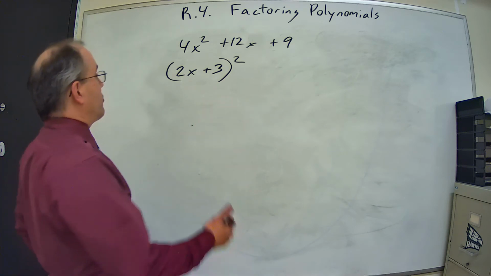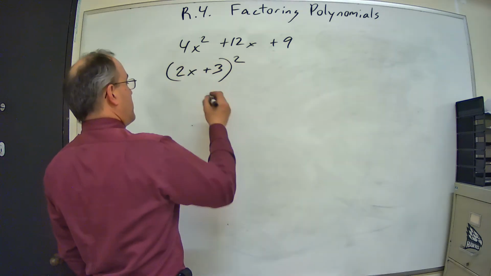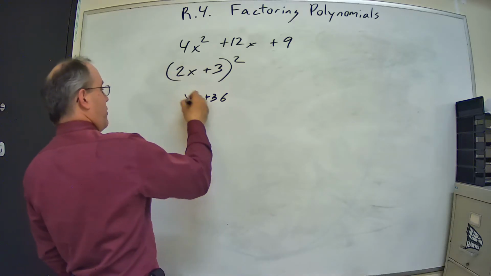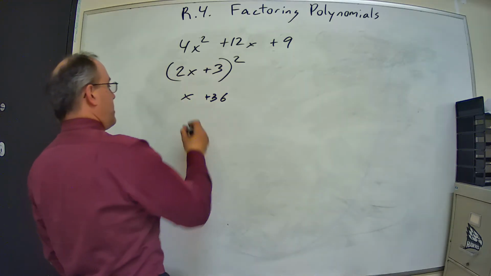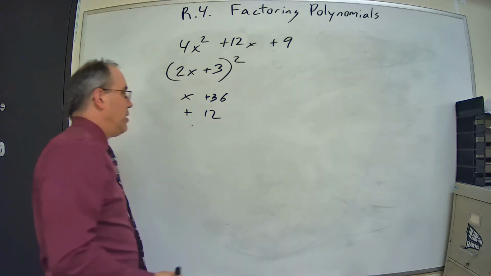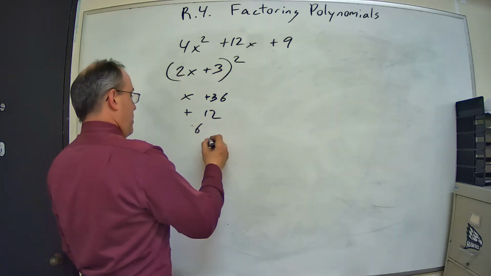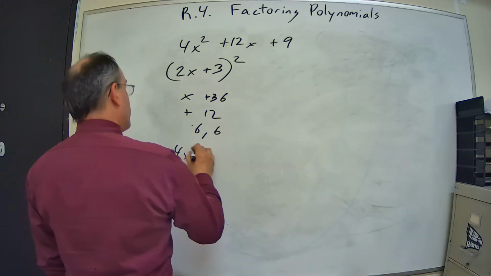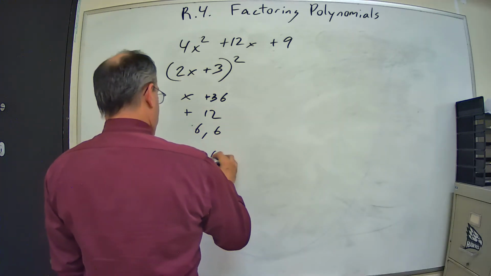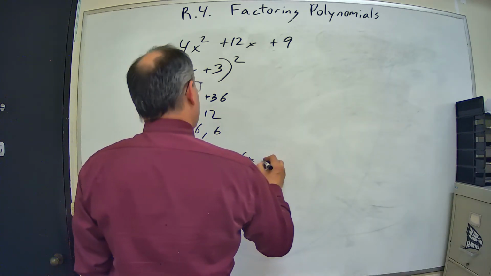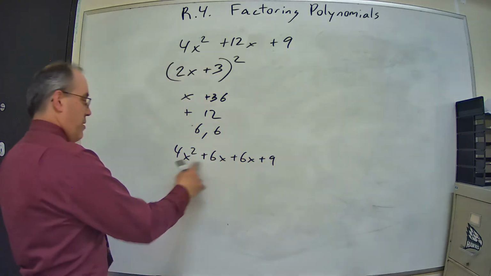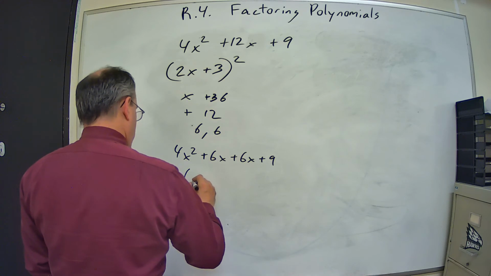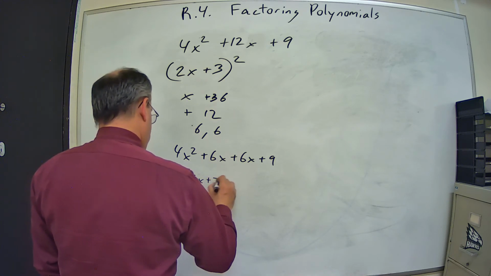If I'd done factoring by grouping, I would have said 4 times 9 is 36. So I'm looking for two numbers that multiply to 36 and that add to 12. That's 6 and 6. So I take 4x squared plus 6x plus 6x plus 9. Factor out 2x, leaving me with 2x plus 3.